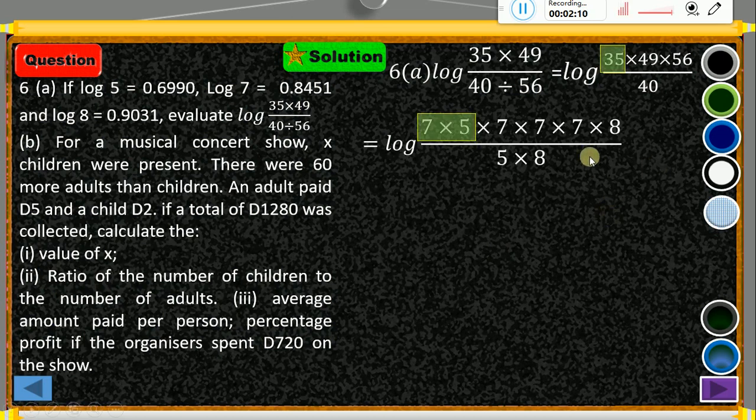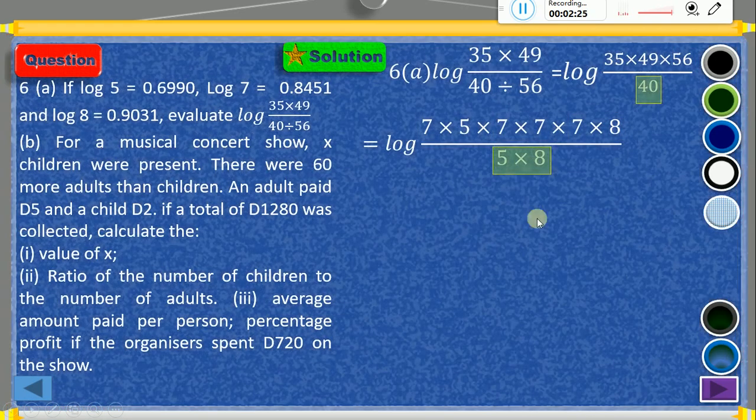Now, as you can see, that's 35, next 49, 56, and then finally 40. Then we're going to remove like terms. 8 will go with 8, 5 will go with 5.